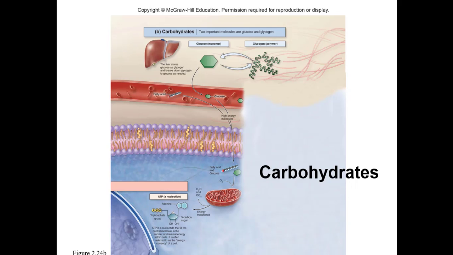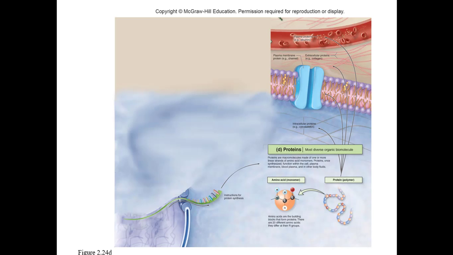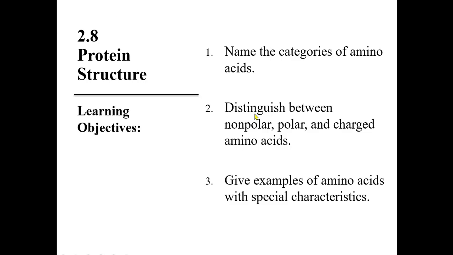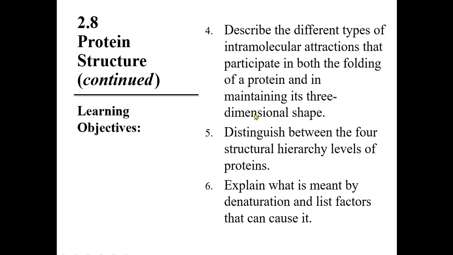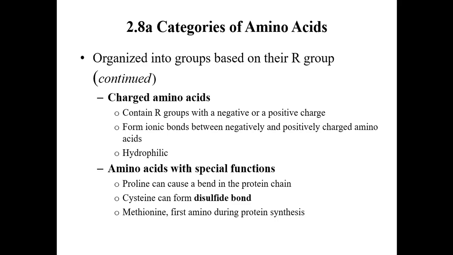Okay, here's a continuation of that same picture. Here's your DNA. Here are the protein parts. You can see a simple amino acid, and then you can see a polymer over here. Okay. I'm skipping all of these because I already talked about them. So this part I've already talked about.